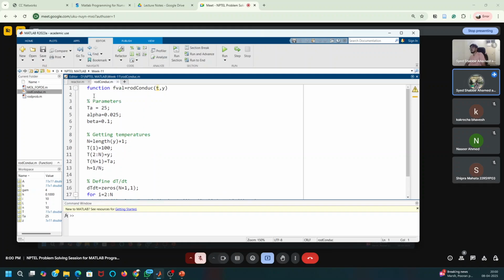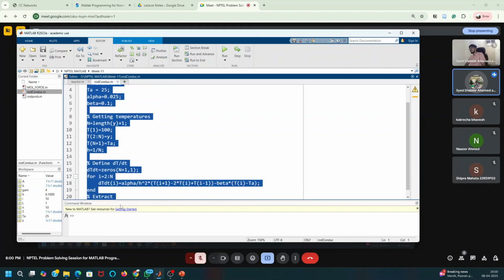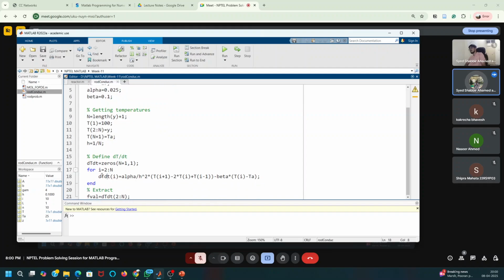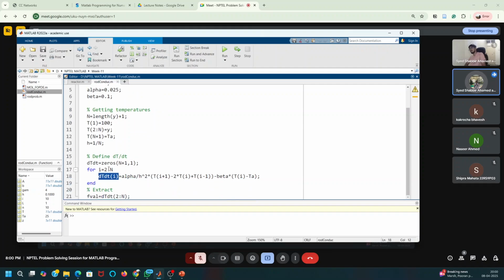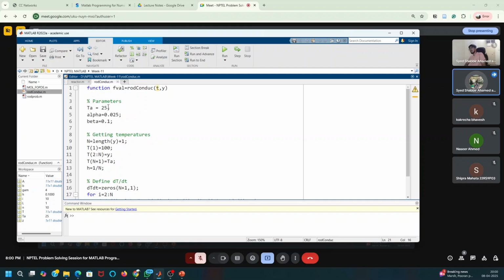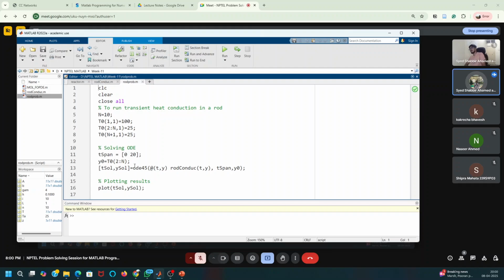First of all, I will write a function to get these n ordinary differential equations. This function will give me all the ordinary differential equations from 2 to n, and then I will solve these ordinary differential equations in another script. So this is the script which we will solve. We are using ODE45 to solve these n ordinary differential equations.